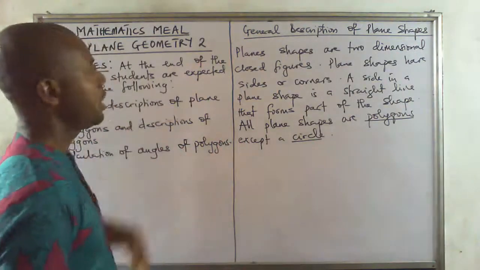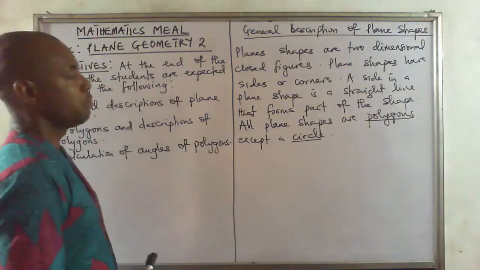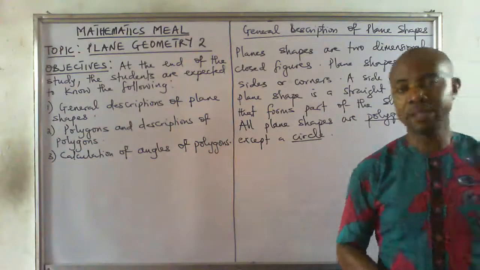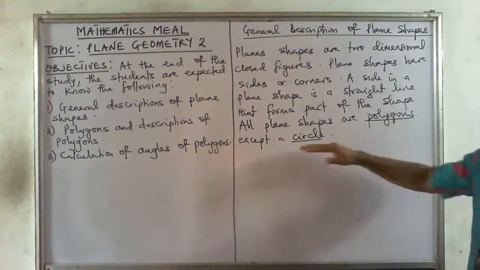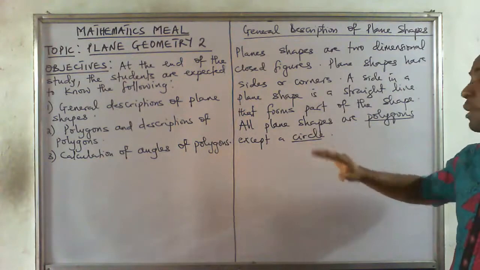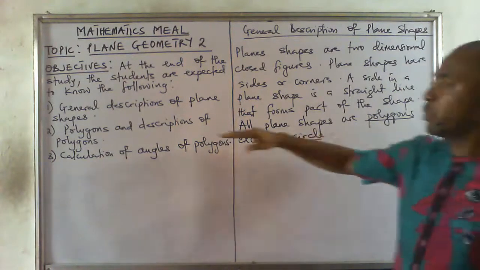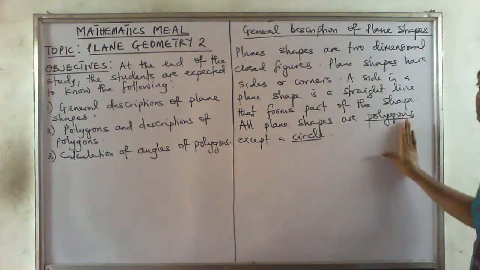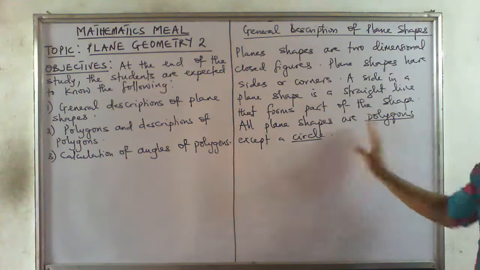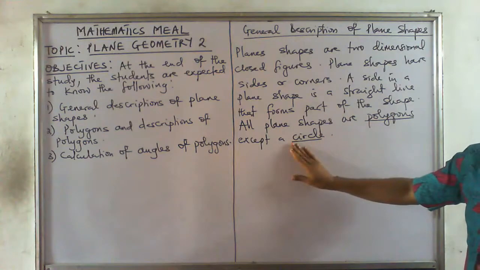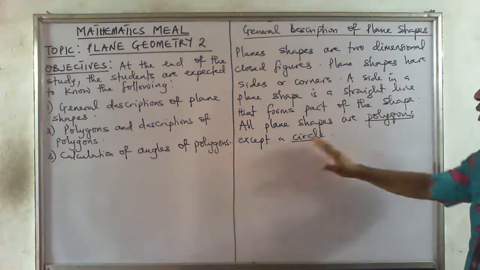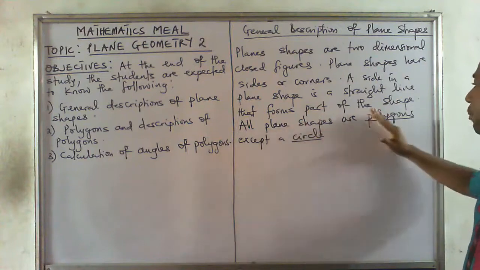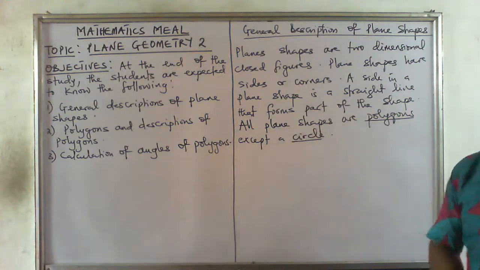So far we have been able to know a little about plane shapes. Now, plane shapes can be in different forms. That's the polygons now, because we are going to look at circles later. So that's why we have to look at the second objective. We have established that all plane shapes are polygons, with the exception of a circle. So when you want to mention plane shapes, you talk about polygons and a circle.